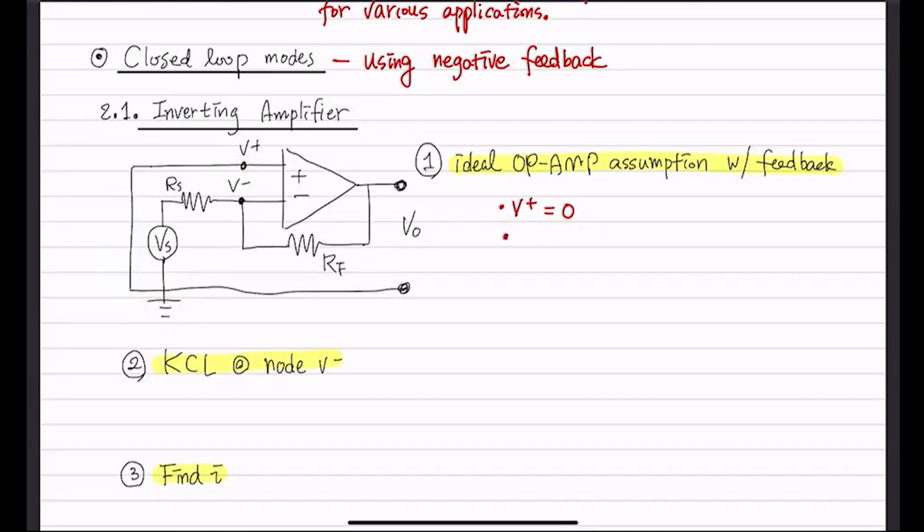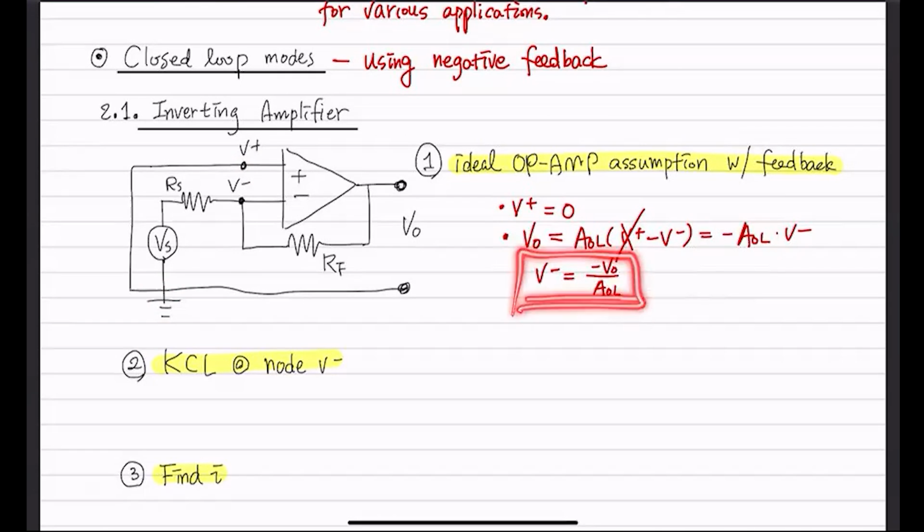And your V out should be AOL times (V positive minus V negative). And this guy just goes away because it's 0, and it's negative AOL times V negative. And if I just rewrite this, V negative equals minus V out over AOL. What I just did was I just moved this thing to the left-hand side. So I have this.